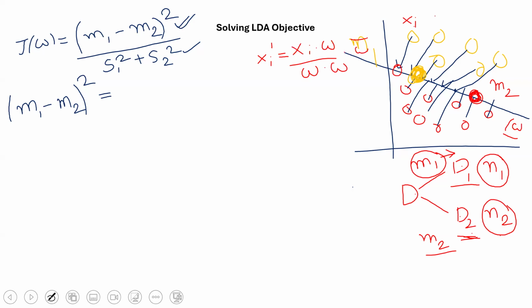Is that right? The projection of a point onto vector W.